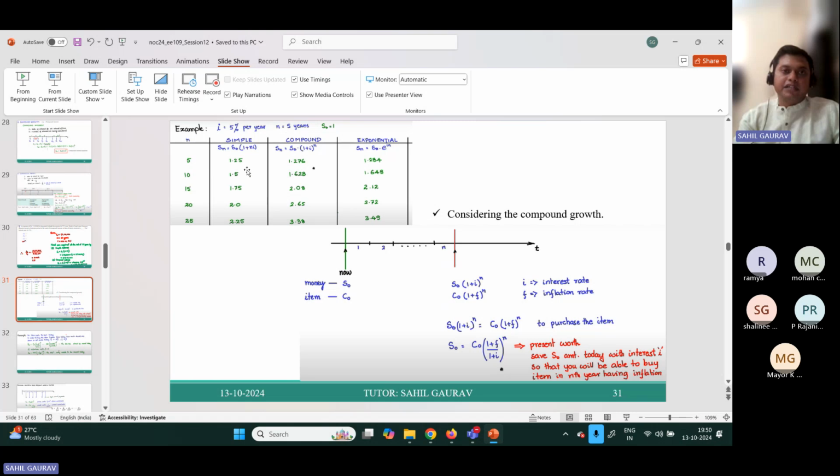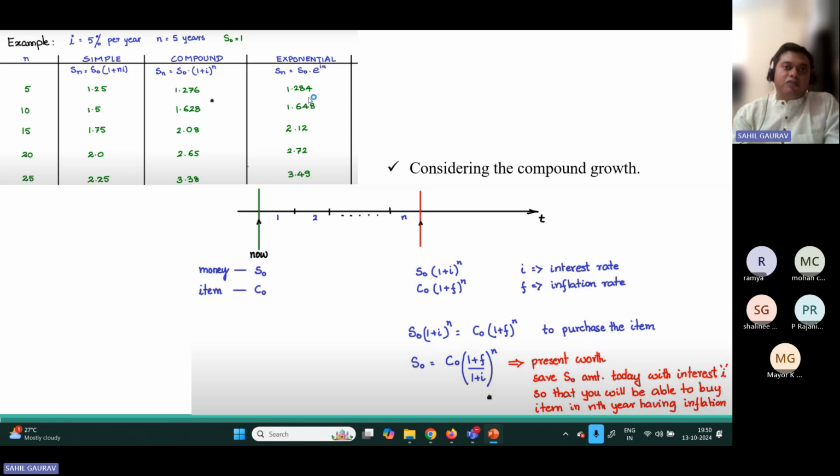So you can see for simple interest its value will be 1.25, for compound interest its value will be 1.2, and for exponential growth its value will be 1.284. And if this n value increases, the value of money, the value of price, will also increase. And if you compare all these three growth profiles, the higher return is coming in the exponential growth.